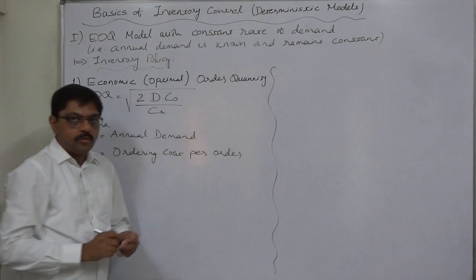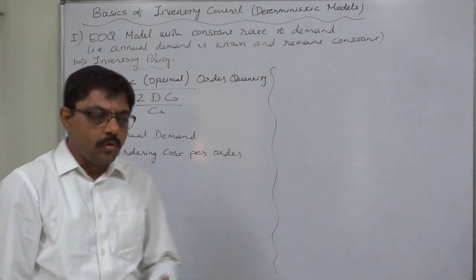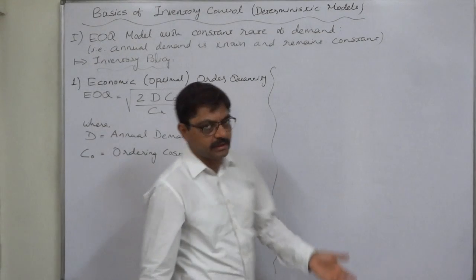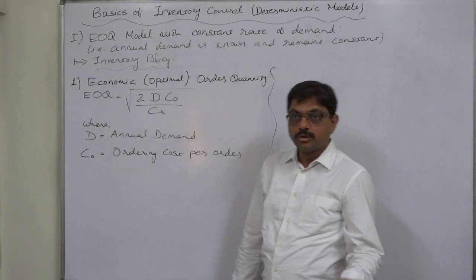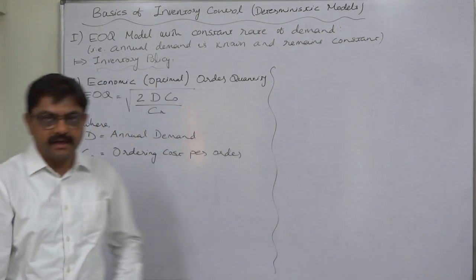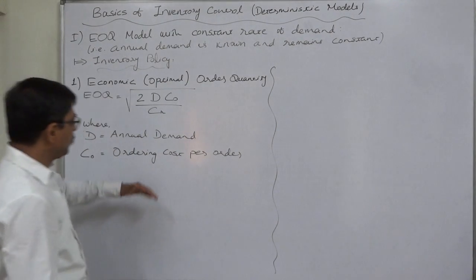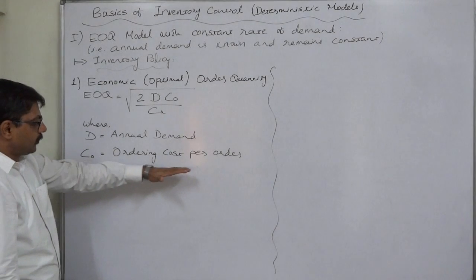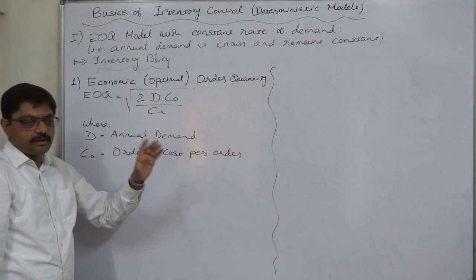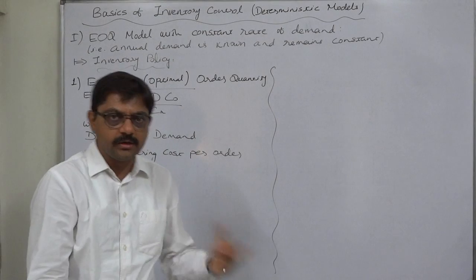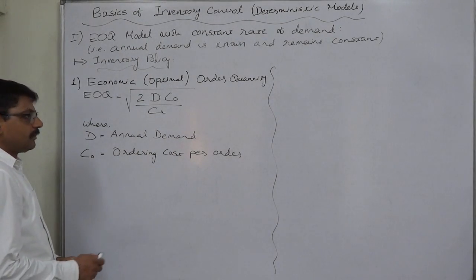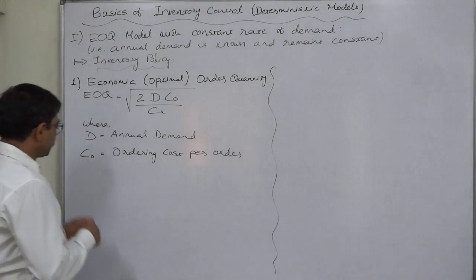That means what is the cost of placing order to receiving the inventory at our place. Various types of costs are actually included in this cost known as ordering cost, right from placing the order to receiving the goods at our end.